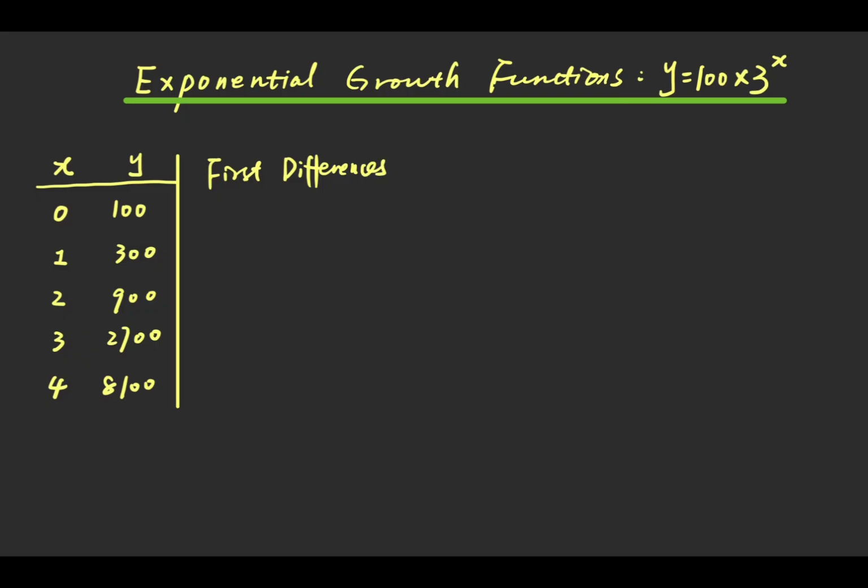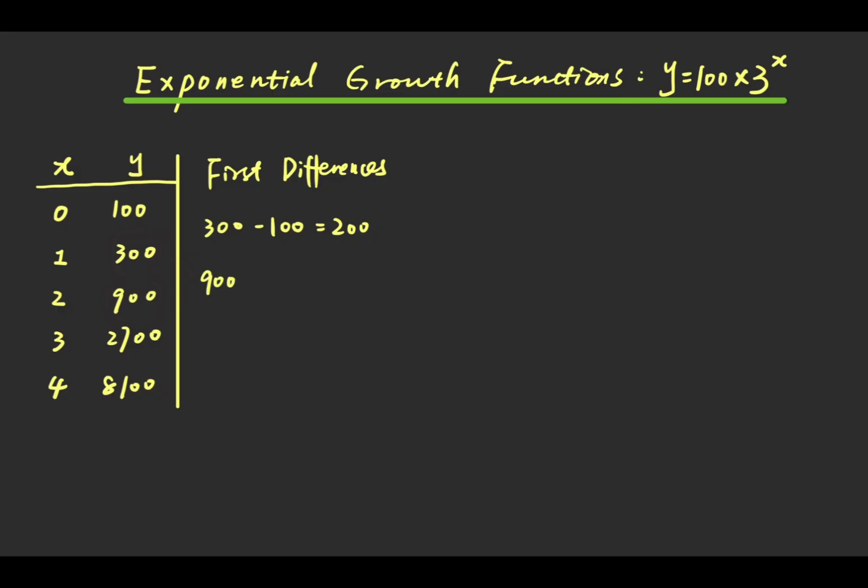The first differences. Alright. You can use this value to subtract this 100, you will get the first difference. That is to say, 300 minus 100, it will be 200. Next, you use this value to subtract this value, you will get the first difference.